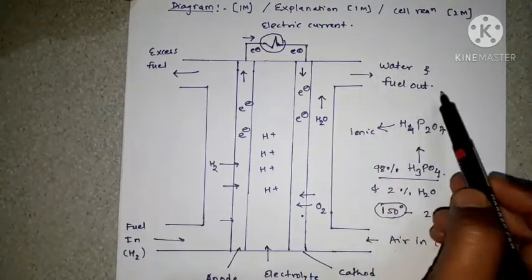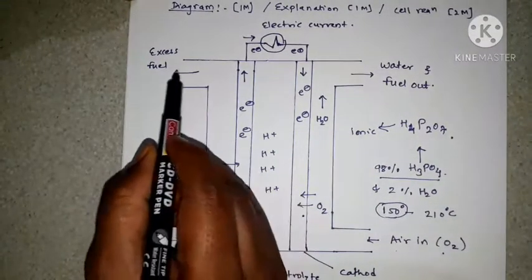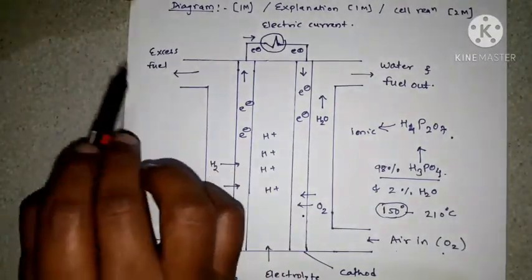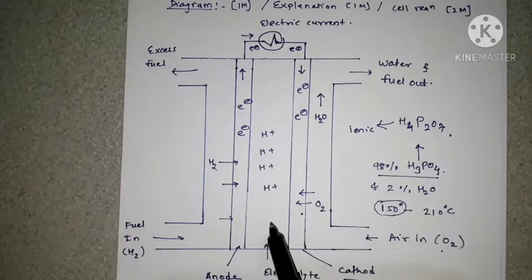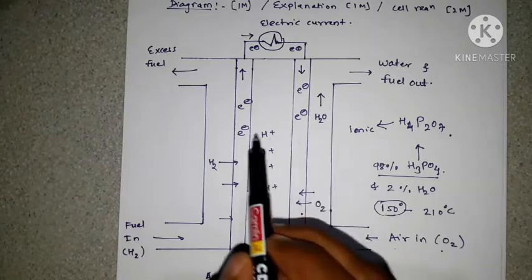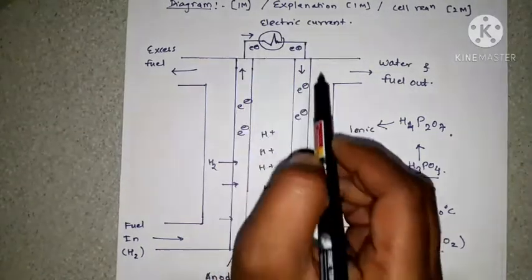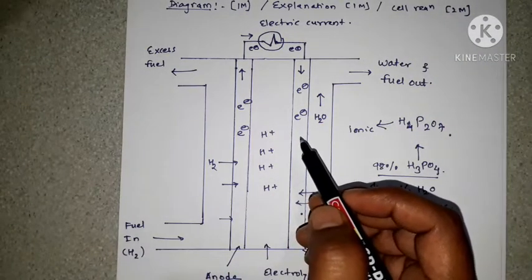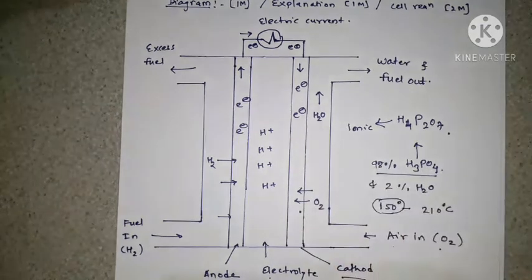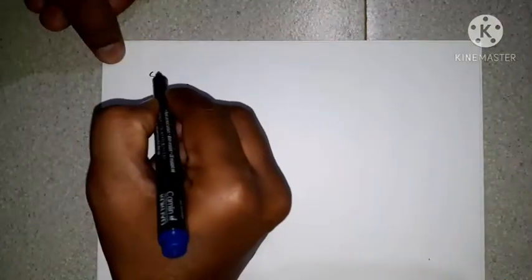Water and fuel are out from this end, and excess fuel is out from this left end. As we know, this anode and cathode are connected to the battery, that is, electric current migrates for oxidation and reduction reactions.